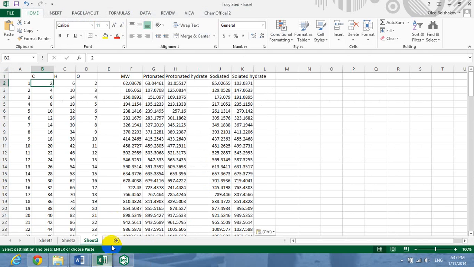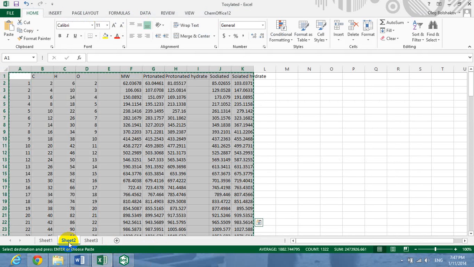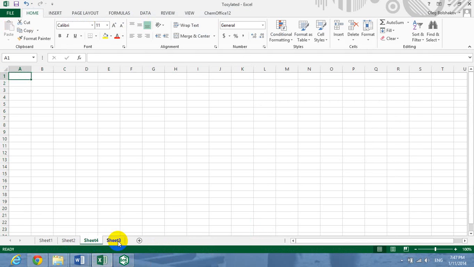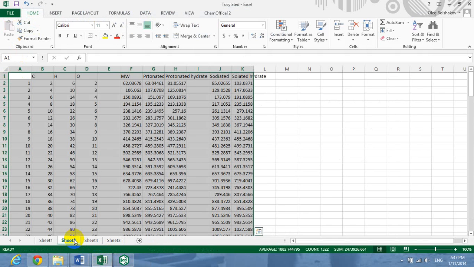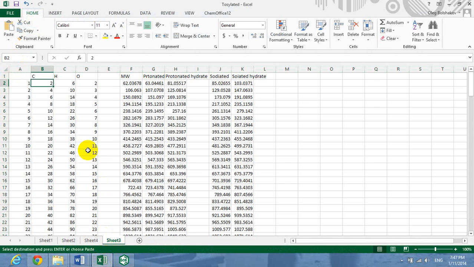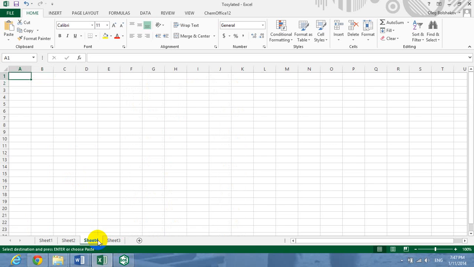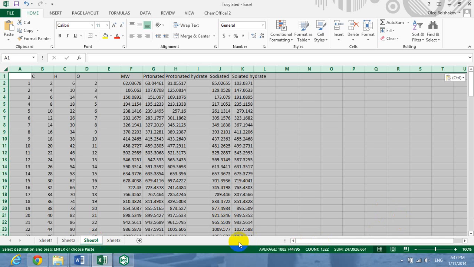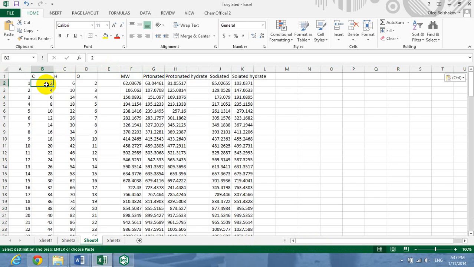We're gonna go to the Excel file and copy the whole table that we have created previously. We're gonna create a new sheet and paste: Control A, Control C, and sheet 4, Control V. So instead of C2, we're gonna put C9.